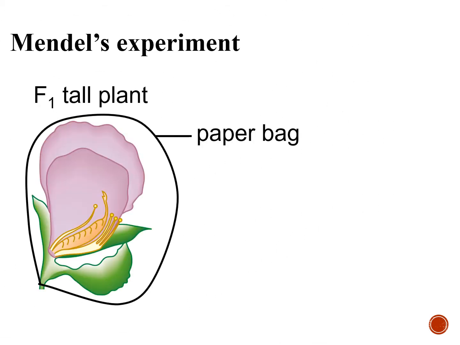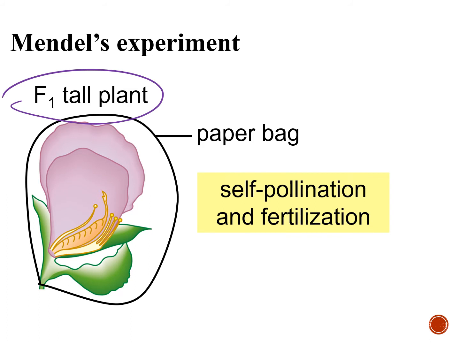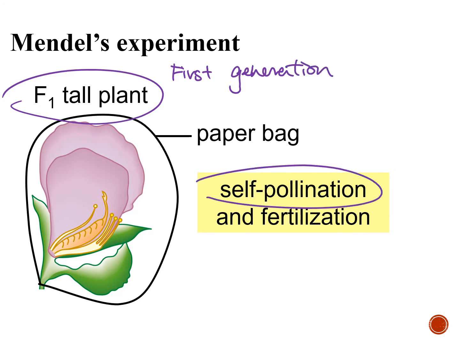So Mendel took the first generation tall plants and did self-pollination and fertilization to see what would happen in the second generation.